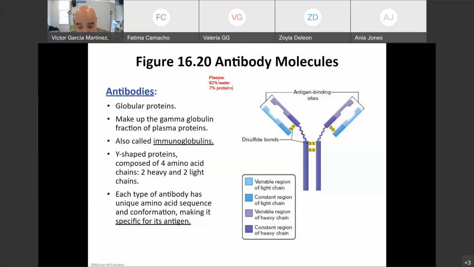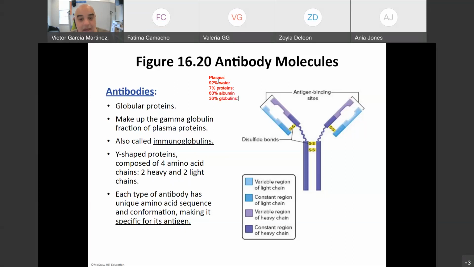And I told you guys, out of these 7%, mostly it's going to be albumin, which is the main component, which is the magnet. And then you're going to have 36% of globulins.